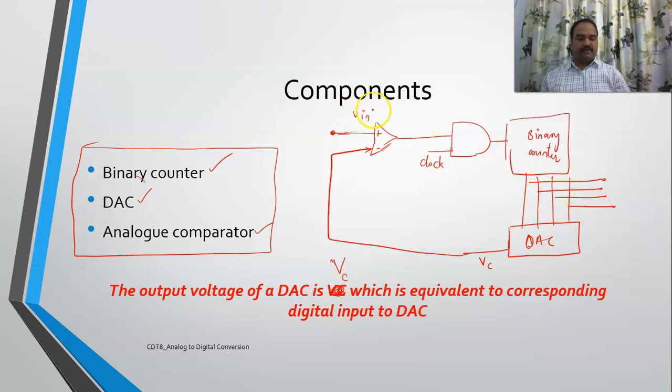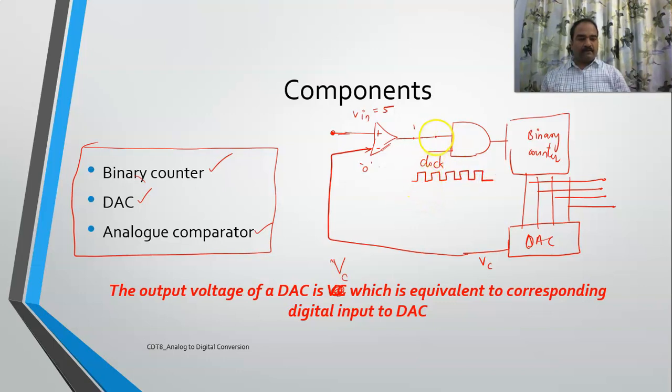Now let us suppose Vinput is 5. Initially the control voltage is 0. Since Vinput is greater than this, you will be getting a value of 1 here. Since it is 1, the clock, let us suppose, is 1, 2, 3, 4, 5.